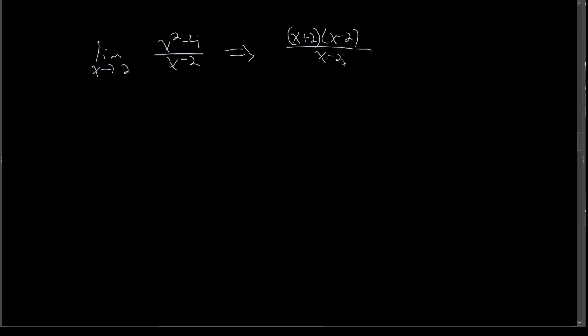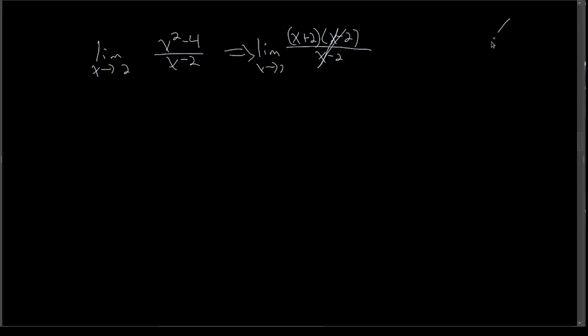When we did the limit as x approaches 2 of x squared minus 4 over x minus 2, we looked at this and said, hey, this is like x plus 2 times x minus 2 upstairs. And so these things cancel. Right.